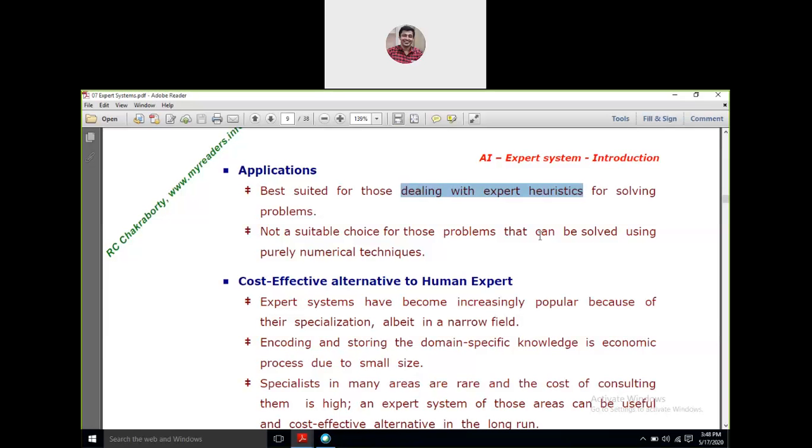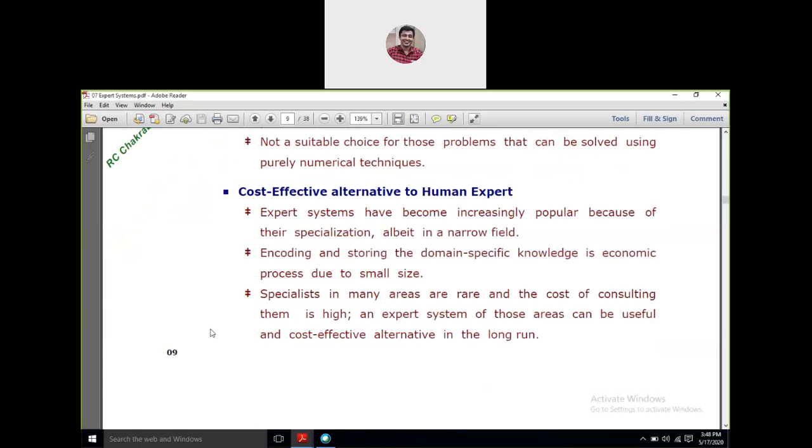If you have these kinds of problems, then only expert systems come in handy. They are not suitable for problems that can be solved using purely mathematical or numerical techniques. Here you have very good chances of coming to a very accurate solution, so in these cases we generally don't go for an expert system.